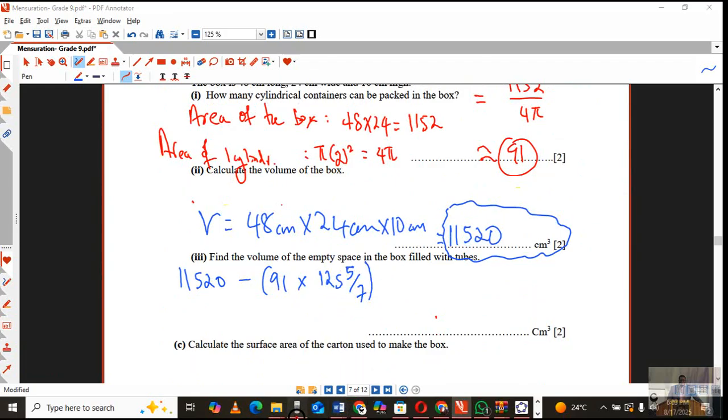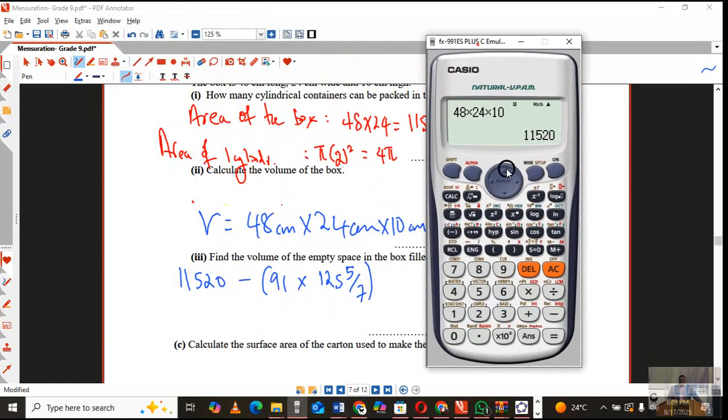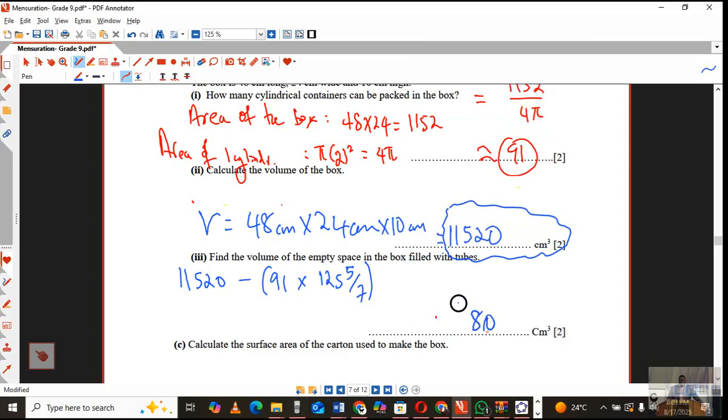So grab your calculator again. We take 11,520, minus 91 times 125 and 5/7. Okay, right, these are more or less, so it's going to be about 80 cubic centimeters. That is going to be the amount of empty space that is there.